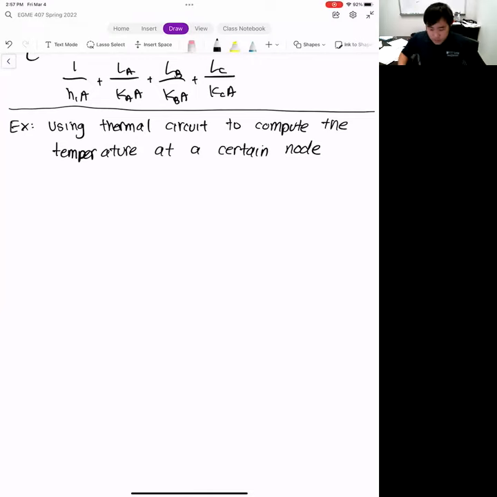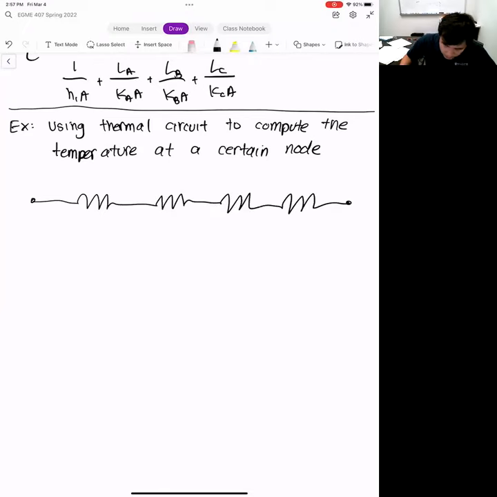All right, just so I don't keep going back to the same picture, let me draw another circuit here. The exact values of the resistances aren't going to matter, so I'm going to call this R1, R2, R3, R4.